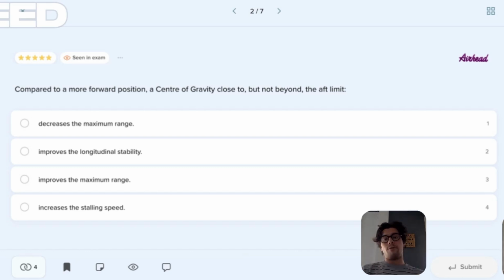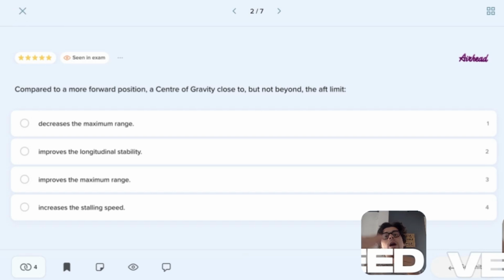If the CG is forward, that means there is an arm pushing the nose, creating a nose down moment. And this nose down moment needs to be offset by a down force on the tail plane. So on the tail, if the force is down, that increases the effective weight, meaning this down force from the tail needs to be offset by an additional lift in order to maintain level flight.